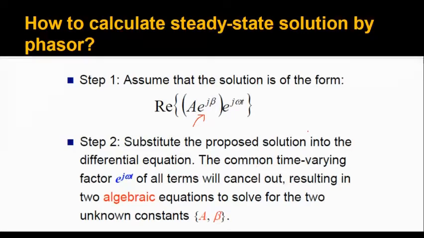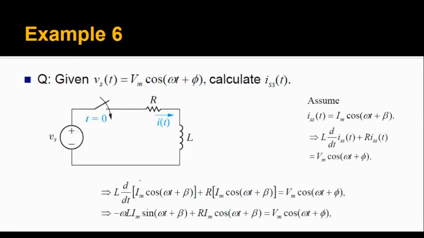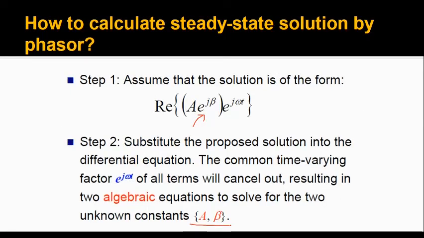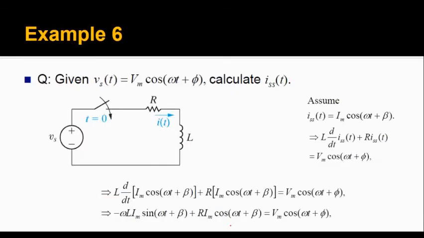We propose a solution into the differential equation. This is exactly what you have done in chapter 3, and then you find the constants A and B, or A1 and A2.